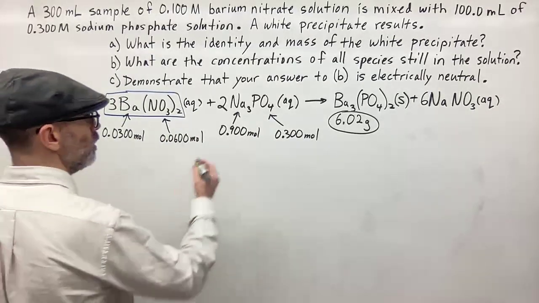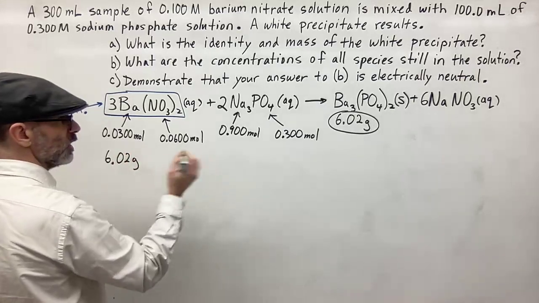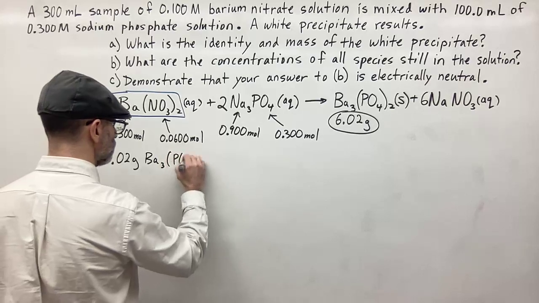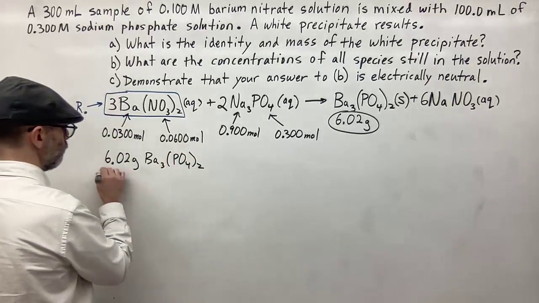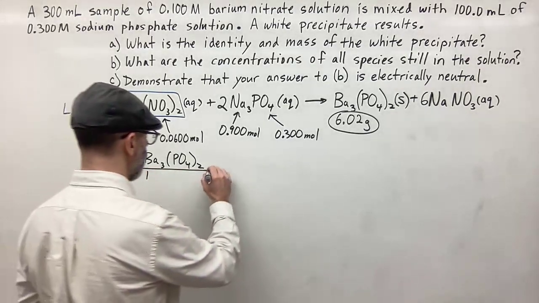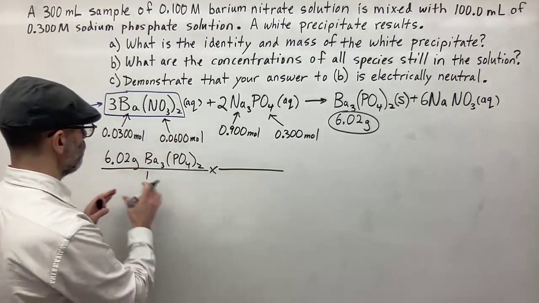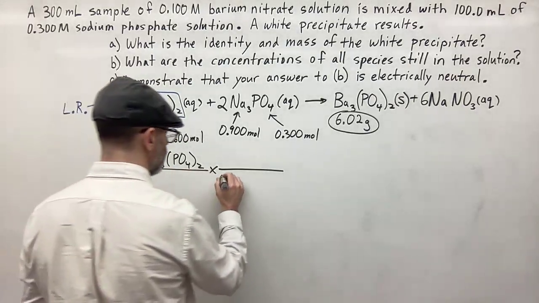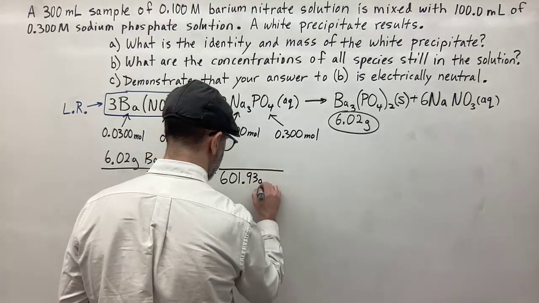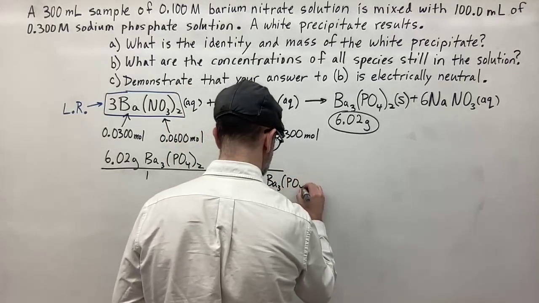Okay, so now we're going to take the 6.02 grams of the barium phosphate, and we're going to convert that to moles. So we're going to use the molar mass here. We used that before. So since we're using molar mass, grams is going to go on the bottom. So that was 601.93 grams of the barium phosphate.